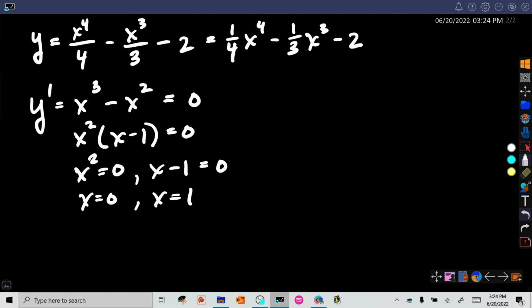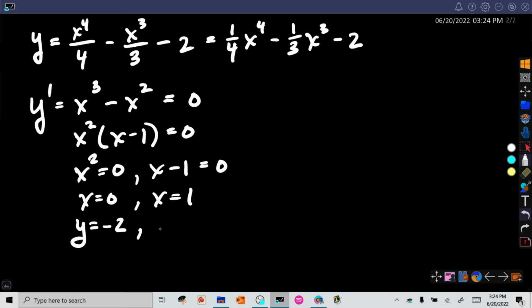Now they're asking us to find the critical points. So the critical points correspond to the x values subbed into the original equation. The corresponding y value for this x is going to be, when I sub in 0 into everything, a minus 2 here. That one's easy just because that's a 0, that's a 0, and then up here it's just the minus 2. And then for the 1, it's a little bit trickier.